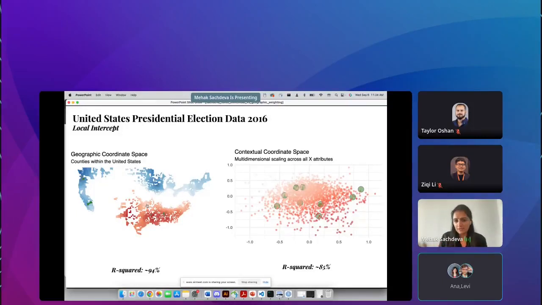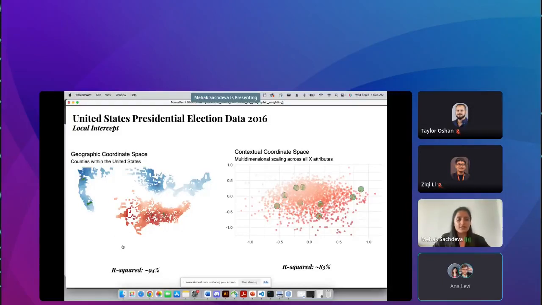And that is through various fit measures and not just the R-square. So there is some value in using that information from counties that might be similar in profile and not just proximal by distance. And then what are these maps telling us? What are these contextual measures trying to indicate?